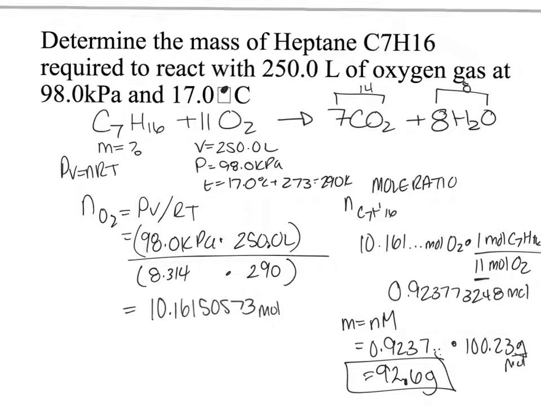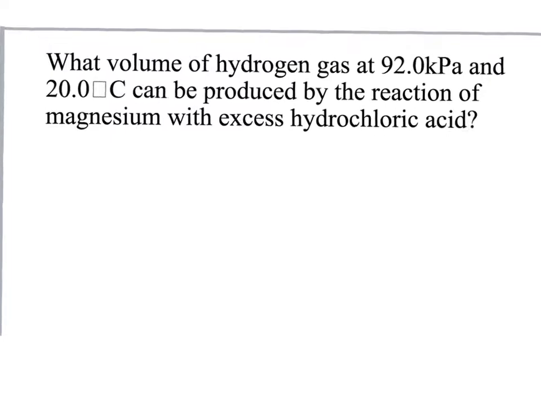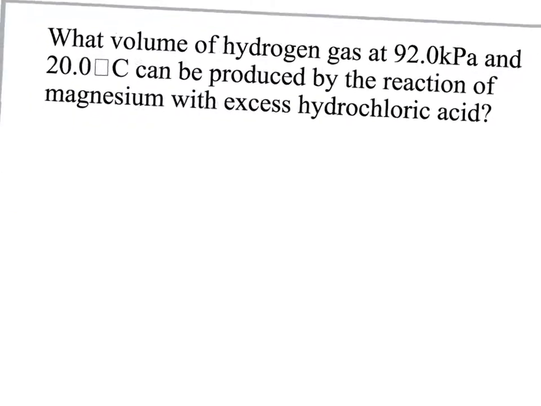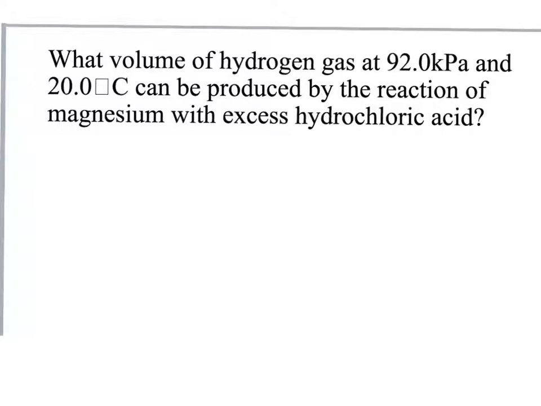Great. One more question and we're done. Okay, so what volume of hydrogen gas at 92 kPa and 20 degrees Celsius can be produced by the reaction of magnesium with excess hydrochloric acid? Notice that it says excess, meaning that we have lots of it, right?